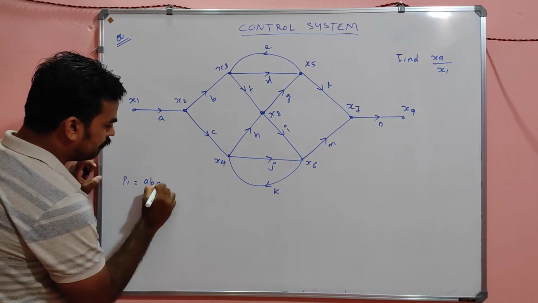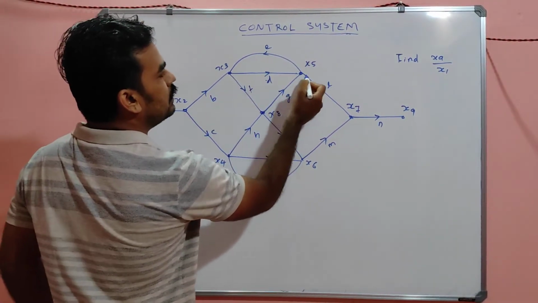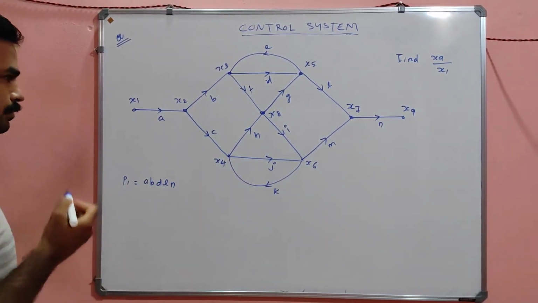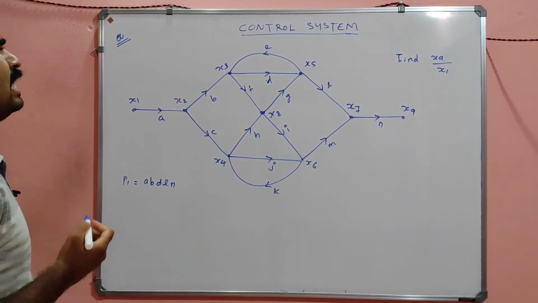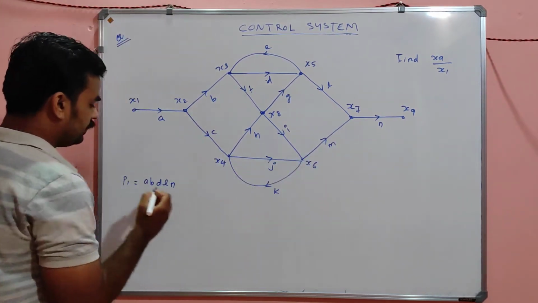So I can write ABDLN. Am I right? A, B, D, L and N. It is one forward path. And another, my dear, ABFIMN, correct now?